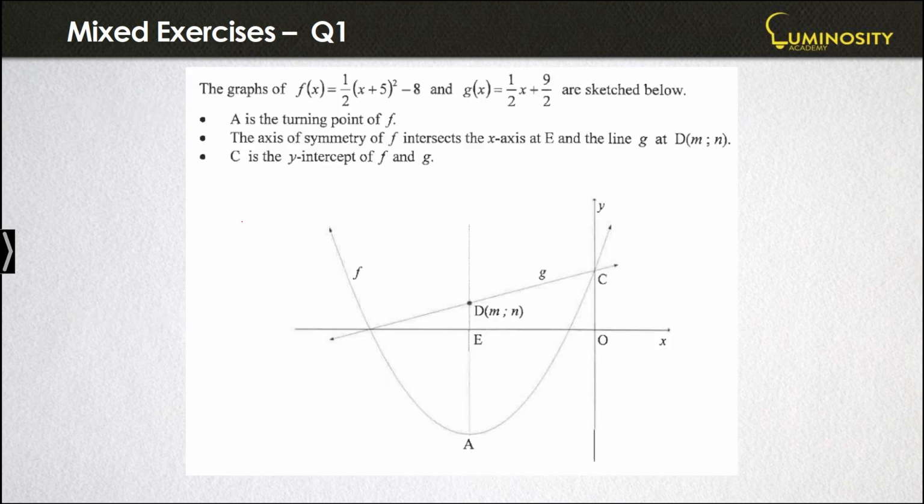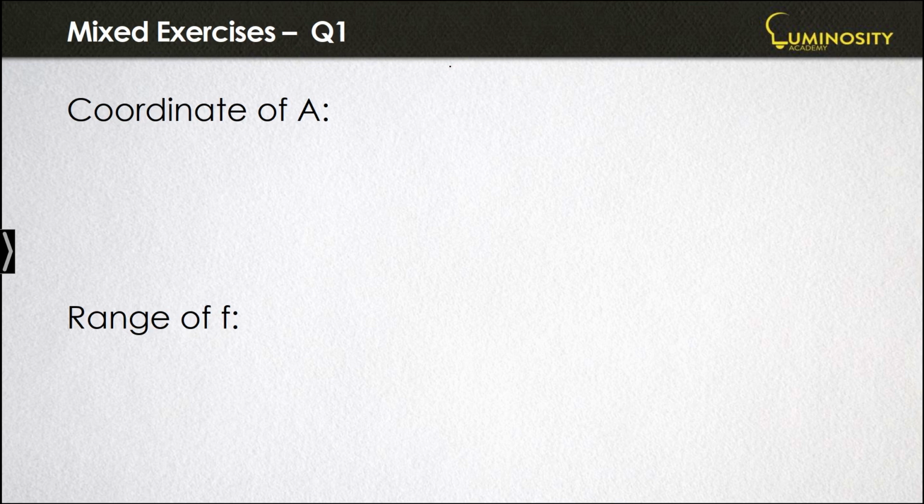The coordinate of A is related directly to our function, f of x equals 1/2 (x plus 5) squared minus 8. If you remember from our talks about quadratic equations, when you have a (x plus p) squared plus q, this is your a, this is your p, and this is your q.